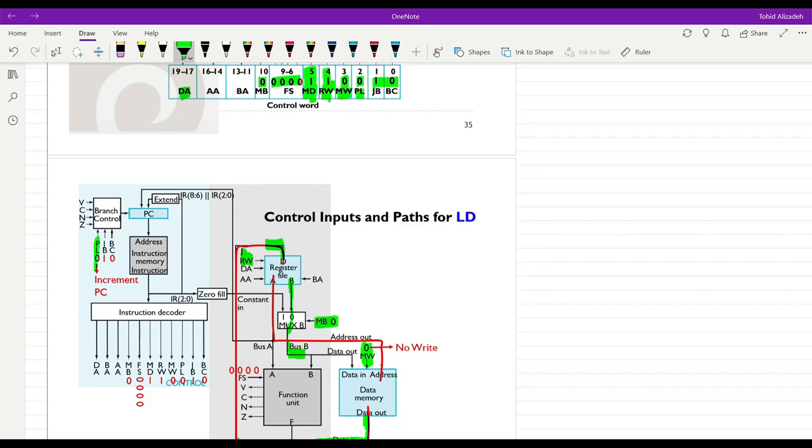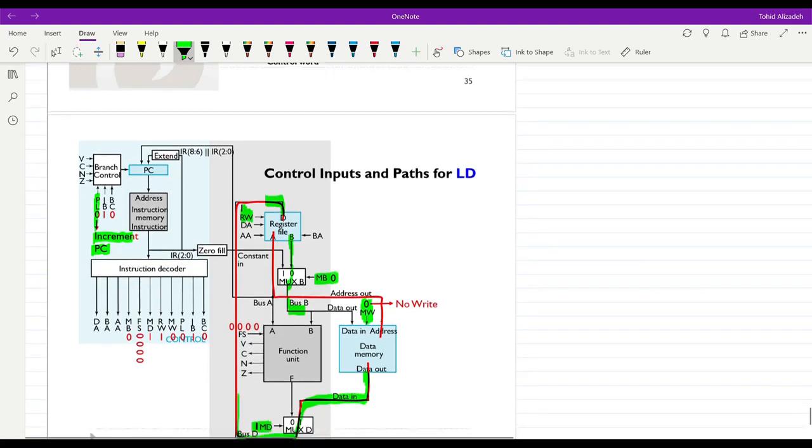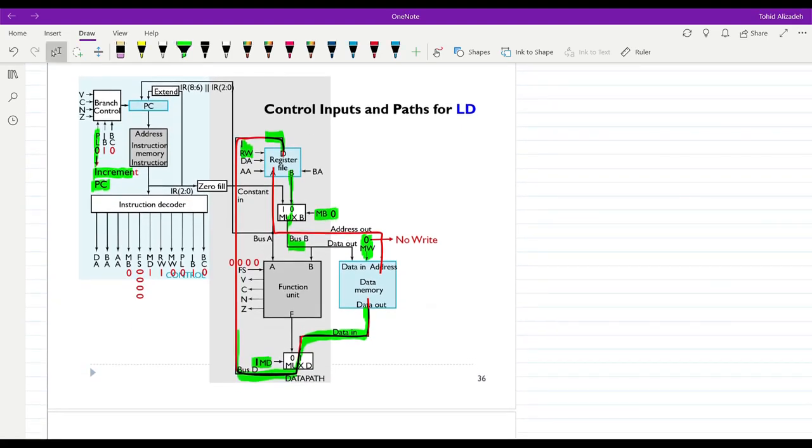So PL is set to 0. This means that the value that we have for the program counter will be incremented by 1. And FS is set to 0. We don't do any, indeed, arithmetic or logic or shifting operation for this instruction.